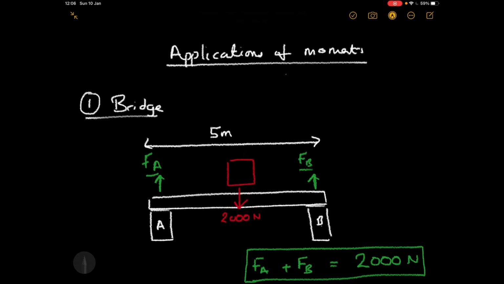If we start with a very simple scenario, there should be 3 scenarios that should be a bit intuitive. The first is, what happens if my object is here, sitting on top of pillar A? Well, in that case, pillar A should be providing all of the support. Pillar B will have no idea.